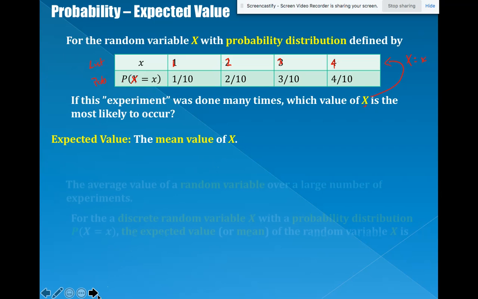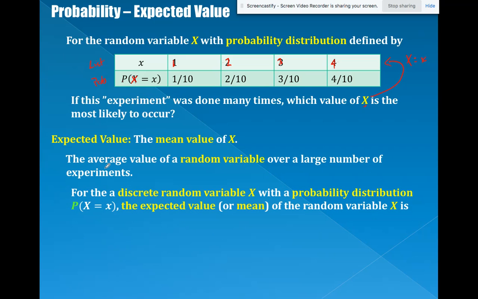Mean, get it? The average value, the expected value, is an average, it is a mean of the random variable if you repeat the experiment multiple times.